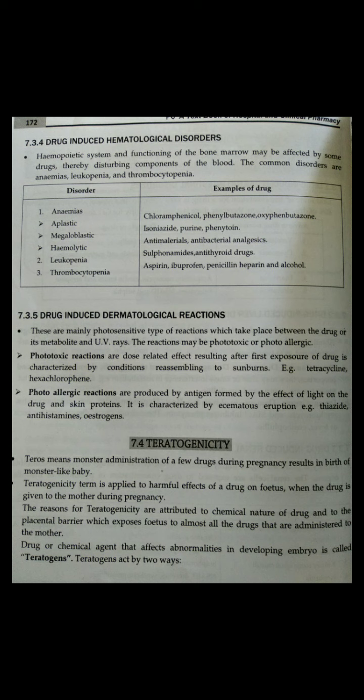Then teratogenicity is classified on the basis of the abnormality that occurs in newborn babies. First is structural teratogenicity and second is behavioral teratogenicity. Now see the first, structural teratogenicity.